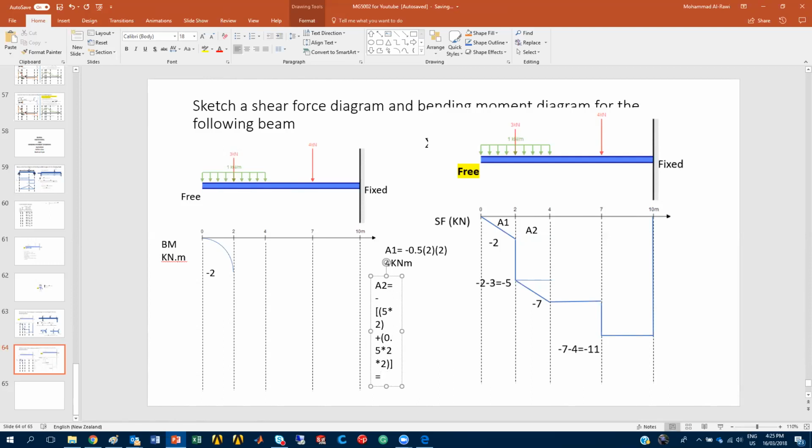Close the brackets. I'll bring the equation here so you can see what exactly we've done. The first, 5 times 2, represents the rectangular area. The other one is the small tiny triangular, half of the base times the height. How do you get the 2? Because 7 minus 5 is 2, the height, and the base is 2 meters, from 2 to 4. 4 minus 2 is equal to 2. What should be the area? Can you write me the answer? It's equal to minus 14 kilonewtons meters.